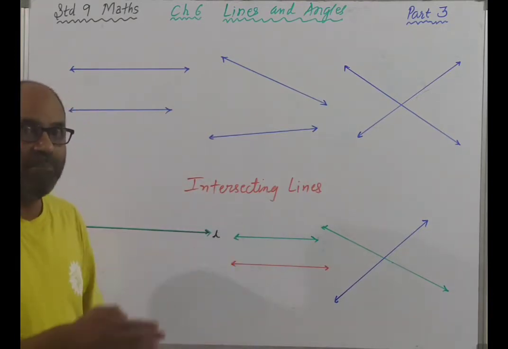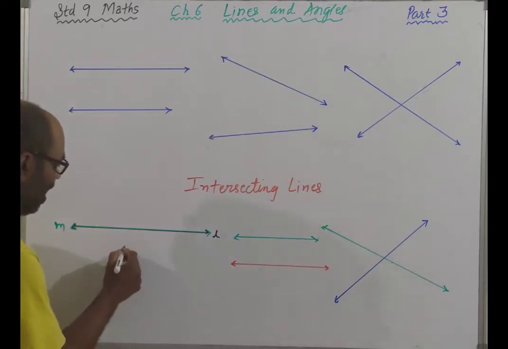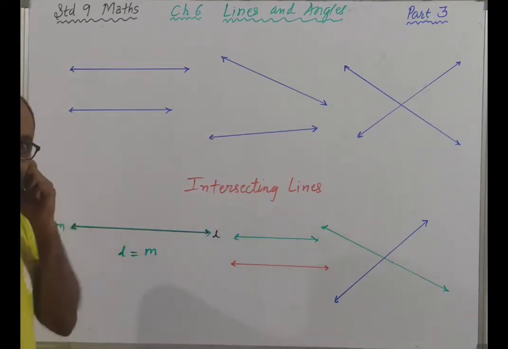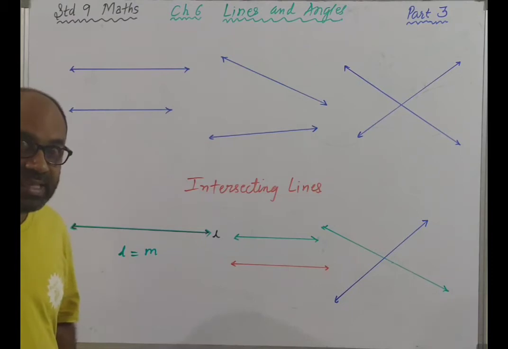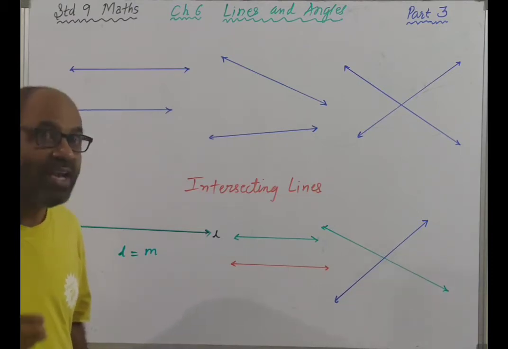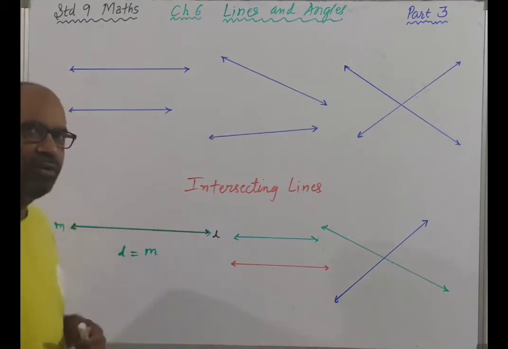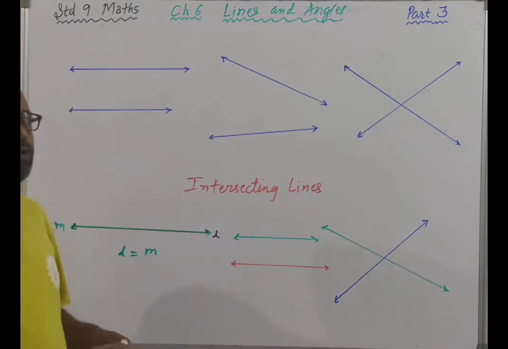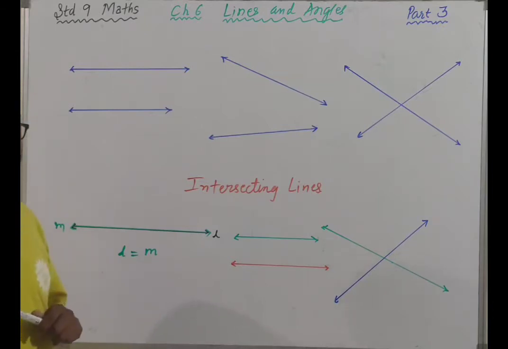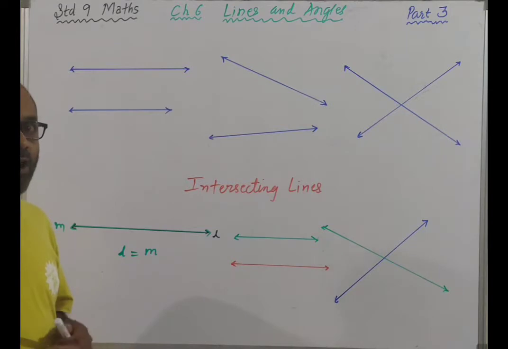They are overlapping lines. So here L is equal to M. And are they intersecting? Do they have any point in common? Yes. Each and every point of line L is also a point of M. So the whole lines, all the points on the line are common.